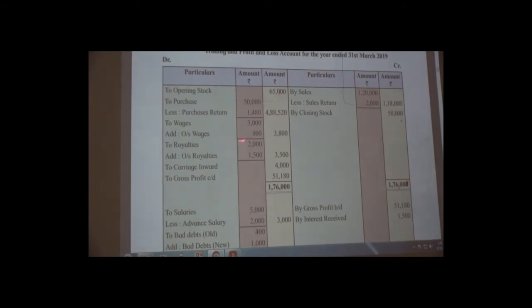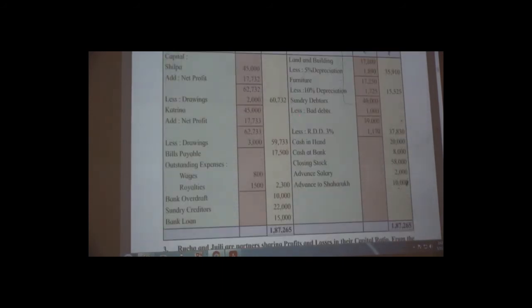Firstly, closing stock is written on the credit side of the trading account, by closing stock rupees 58,000. And the second effect will be given on the asset side of the balance sheet, closing stock 58,000. So these are the two effects.